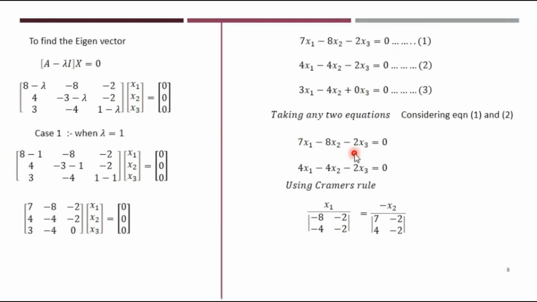So the remaining coefficients are 7, -2, 4 and -2. Similarly, for x3, leave out x3 and the remaining coefficients are 7, -8, 4 and -4.